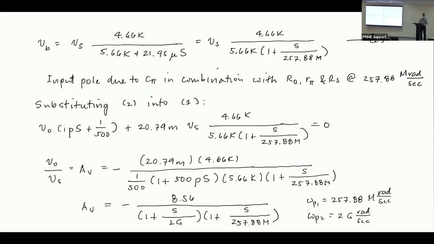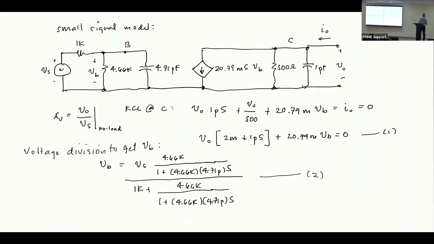I factor out 5.66K, and then this is now 1 plus S over, and then my denominator is just this divided by 5.66K, and then you get the reciprocal. And that comes out 257.88 M, mega. So that's my attempt at simplifying this equation number 2.